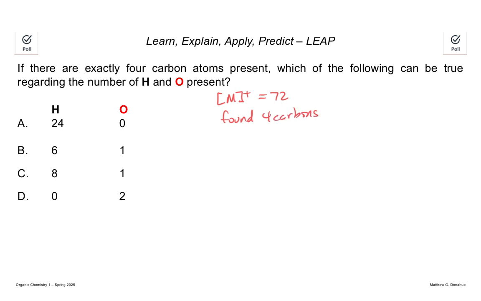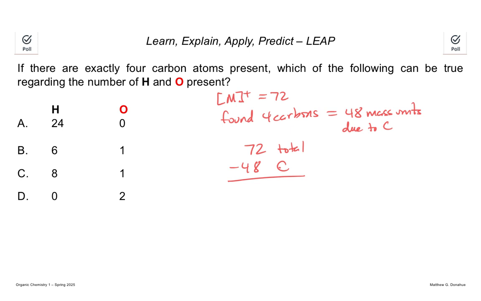So the parent was 72. We found there's 4 carbons. 4 times 12 is 48 mass units. So that's due to carbon. So that gets us how much remaining?